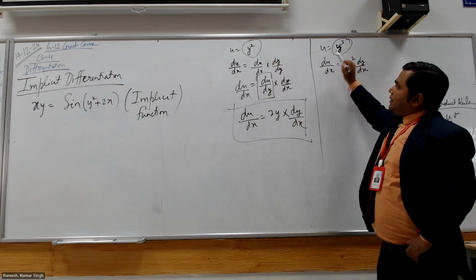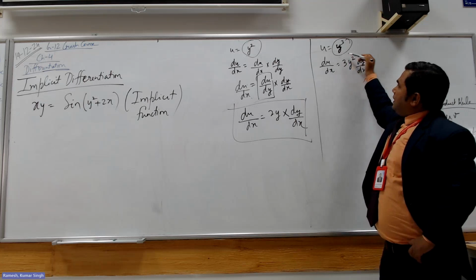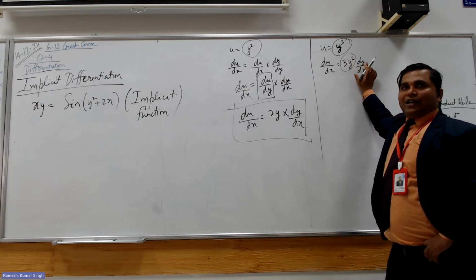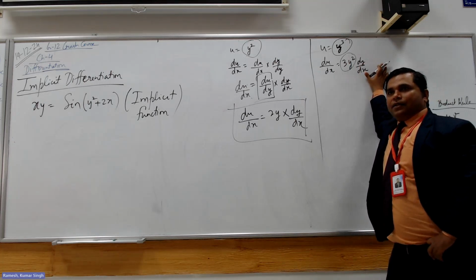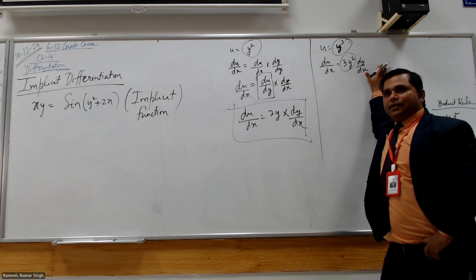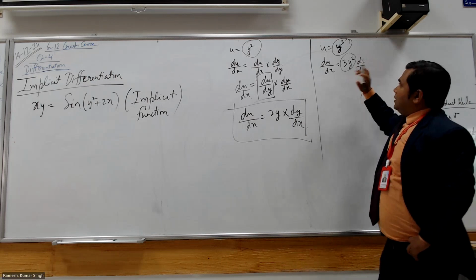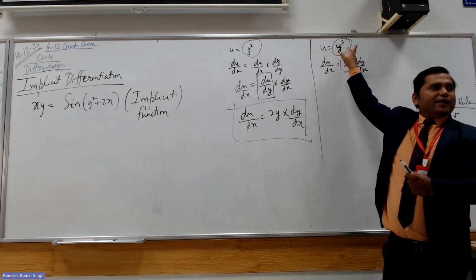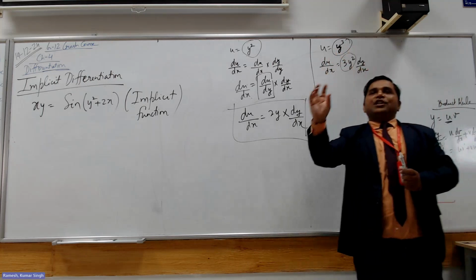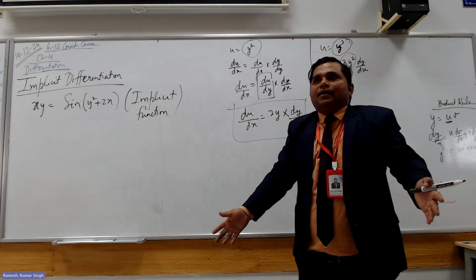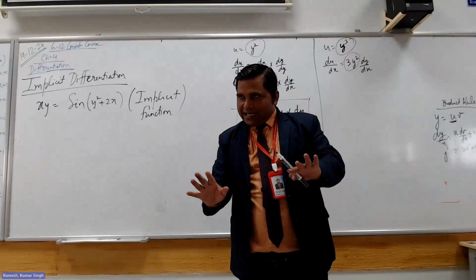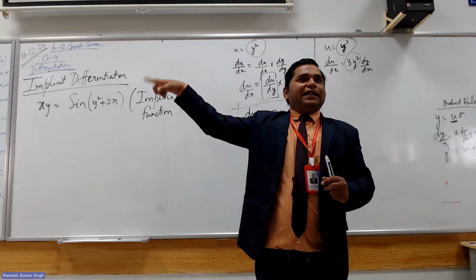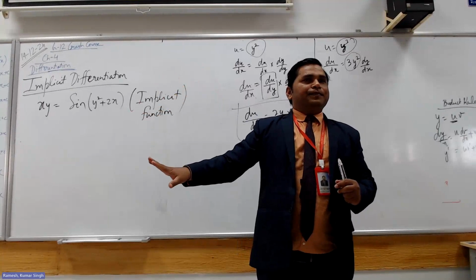Similarly, for y cubed, du over dy is going to be 3y squared, so 3y squared times dy over dx. Am I making sense? Just remember this: if it is given in terms of y, differentiate it the same way as you differentiate x. Extra, you need to write dy over dx. That's it.